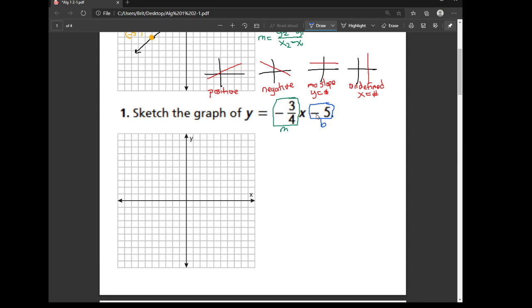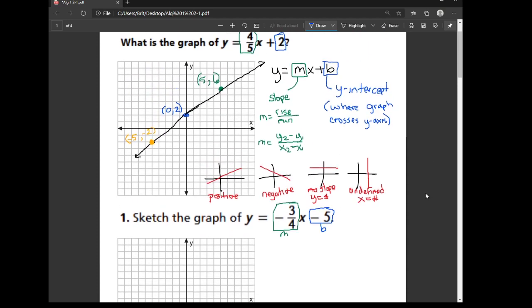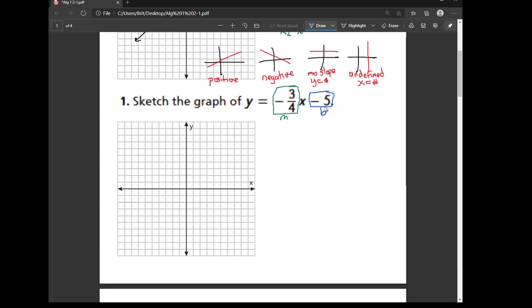So whatever symbol is in front of the y-intercept, that's how you know whether you're going to go up on the y-axis or down on the y-axis. So if you notice on the first example, the +2 made me go up. Here, the -2 is going to make me go down by 5. And that's where I'm going to start.